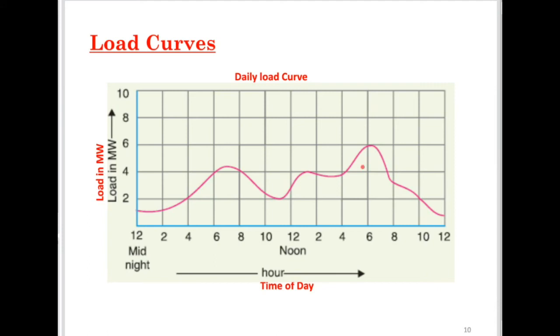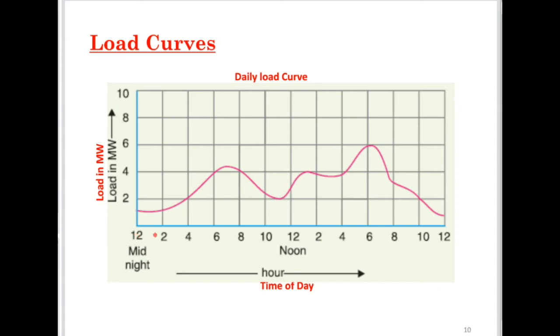So you prepare accordingly, and make sure that when that time comes, you are capable of supplying the power demanded by different types of consumers to meet the economy requirements. Otherwise, people will complain it is load shedding. So that's that one, and this is a daily load curve.